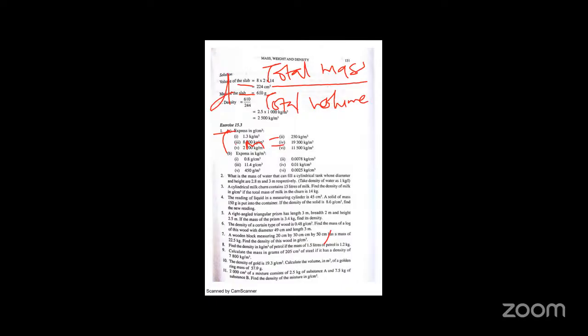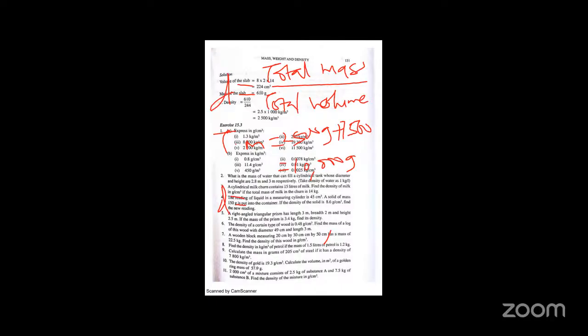When you convert it to grams, you get 2,500 grams plus the mass of substance B, which is 7,500 grams. So when you add the two, it gives us 10,000 grams.